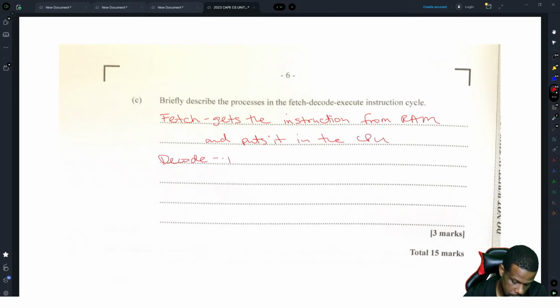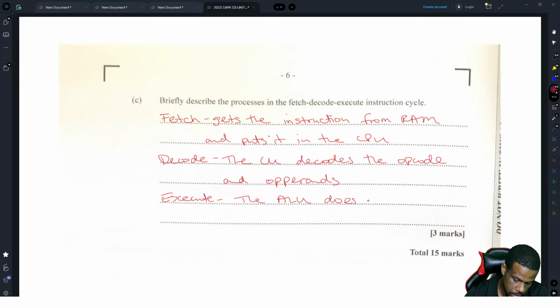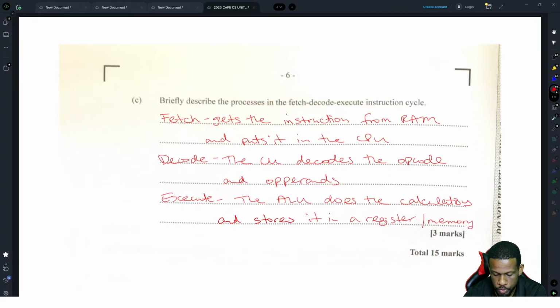Decode, the CU decodes the opcode and operands. Execute, the ALU does the calculations and stores it in a register or memory. Boom, 3 marks.